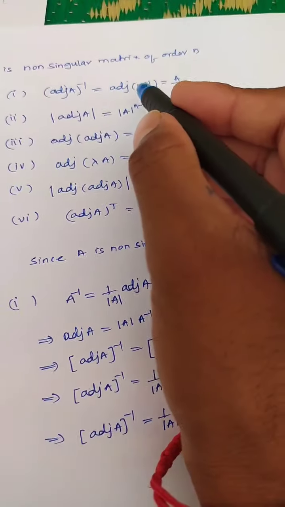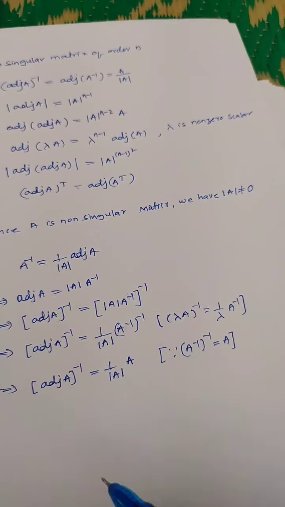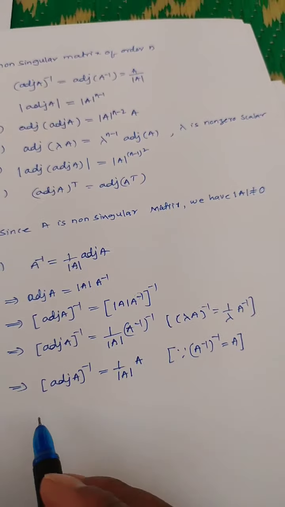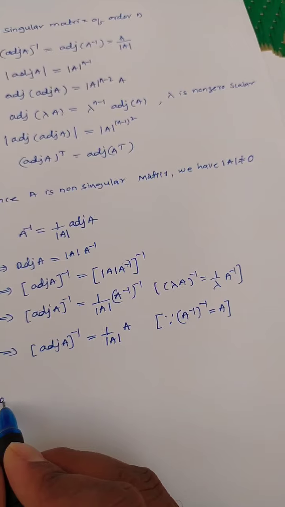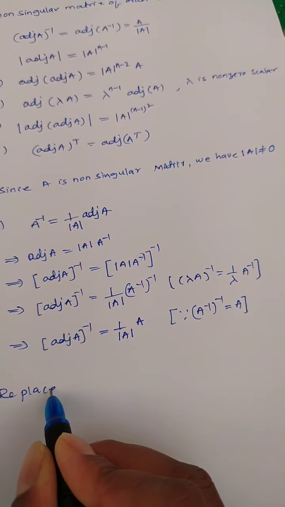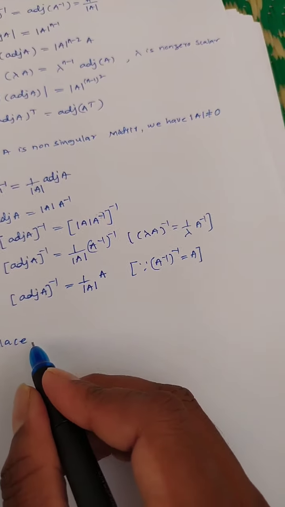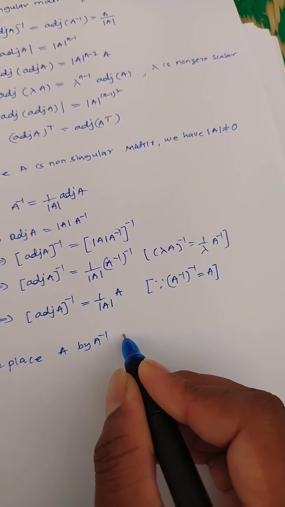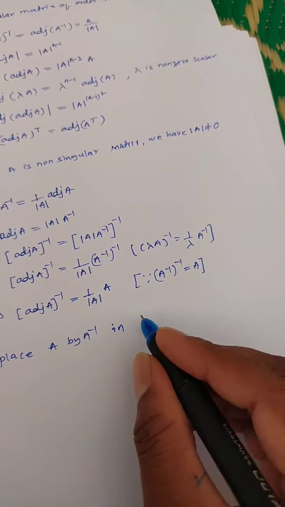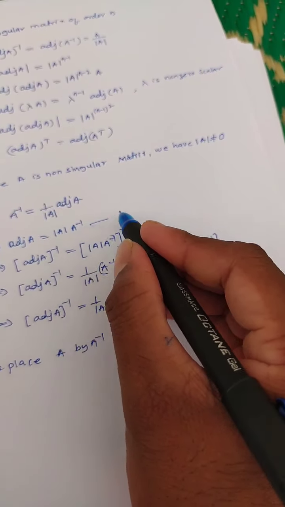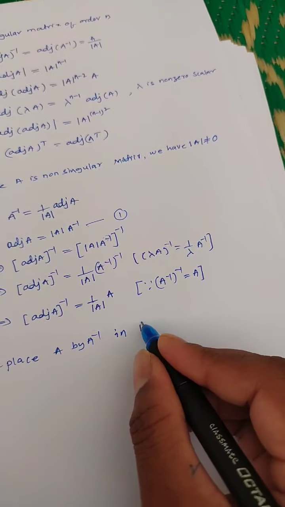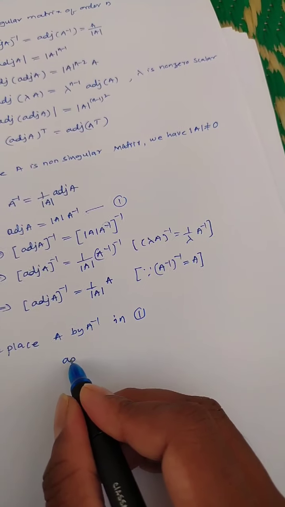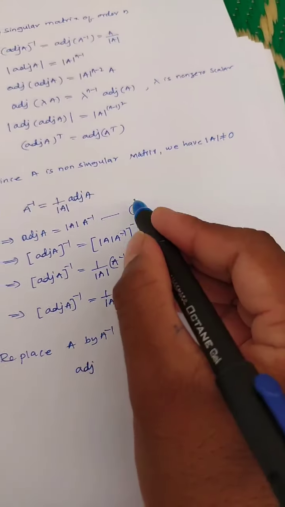Now to prove adjoint A inverse equal to A by det A, again we have to replace A by A inverse in this. I am taking this as equation 1.